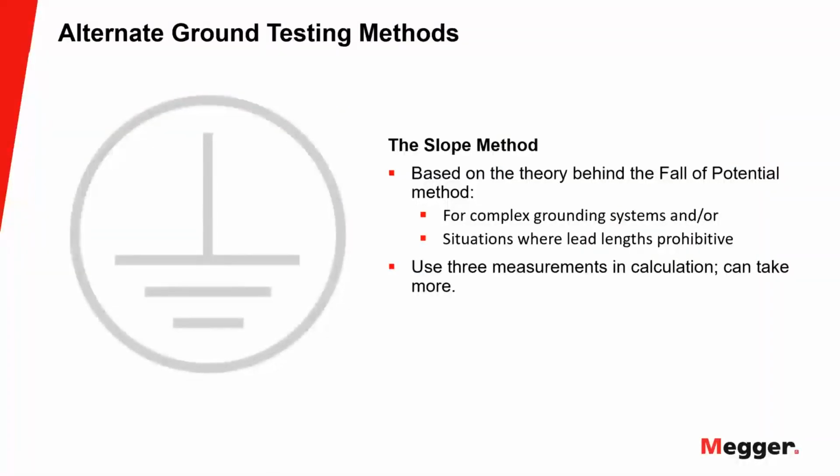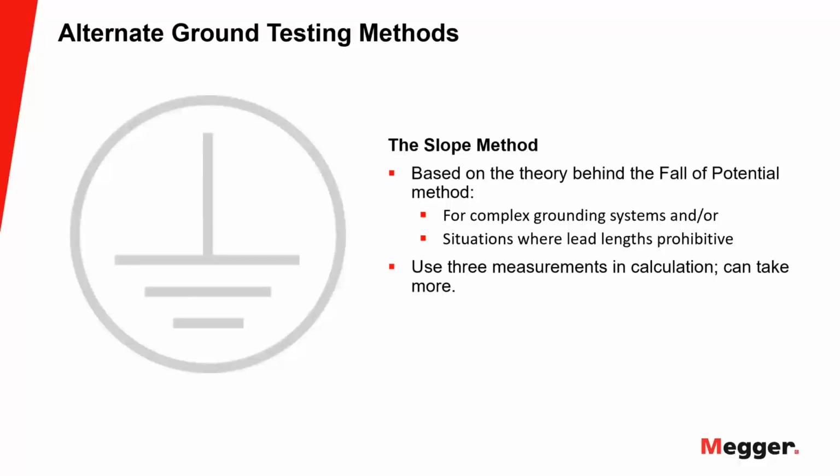So we're going to start then with the most commonly used method for situations like we just saw, where you can't get your current probe far enough away to do a fall-of-potential method, and that would be the slope method. This is pretty much the method preferred by the utilities in most cases because it's relatively easy to use, and utilities have a big problem because they have relatively large grids under substations, and they're also very often in urban or built-up environments.